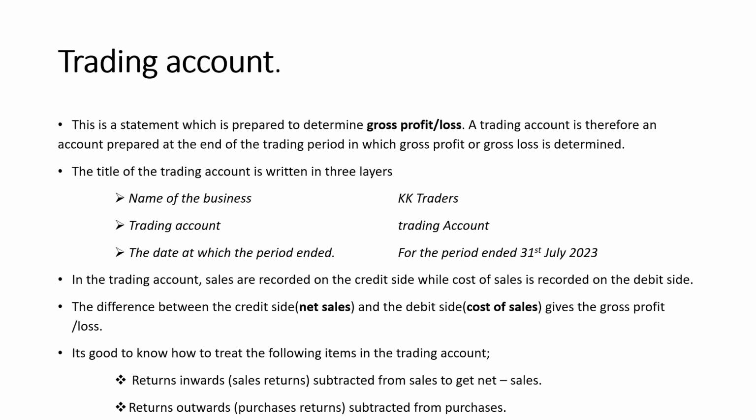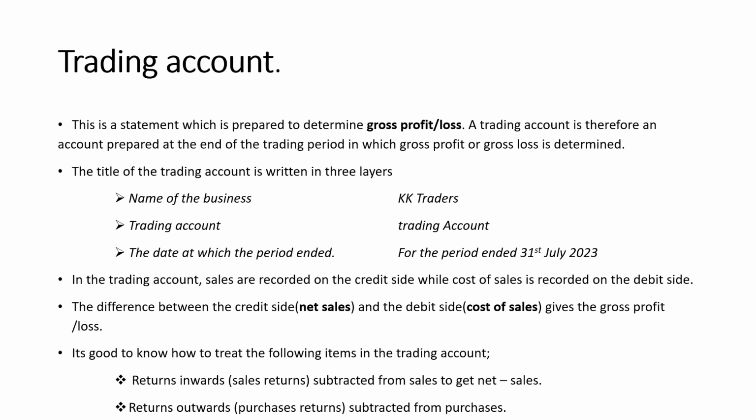The difference between the credit side, that is the net sales, and the debit side, that is the cost of sales, gives the gross profit or the gross loss, depending on which side overweighs the other one. We know well that for us to get the gross profit, it is the net sales which must exceed the cost of sales. But in a case where the cost of sales exceeds the net sales, then the business is likely to realize a gross loss at the end of the period.